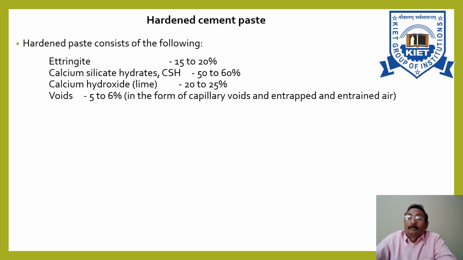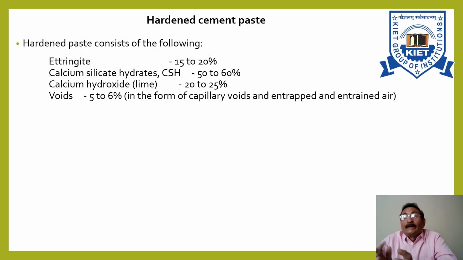If the water cement ratio is more than 0.7, that is 70%, then the increase in volume of hydrated product would never be sufficient to fill up the voids created by the water.